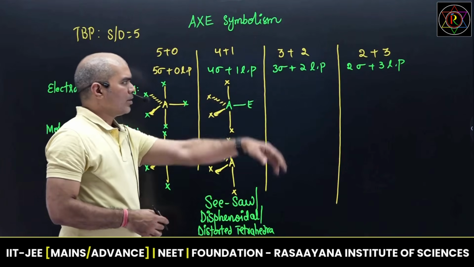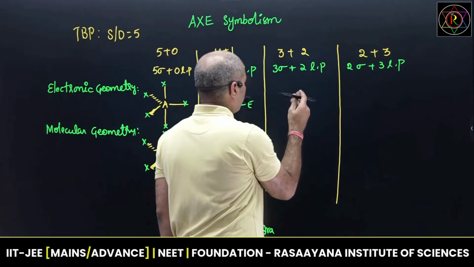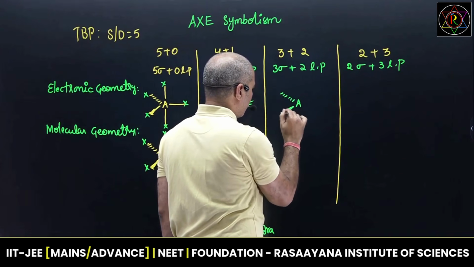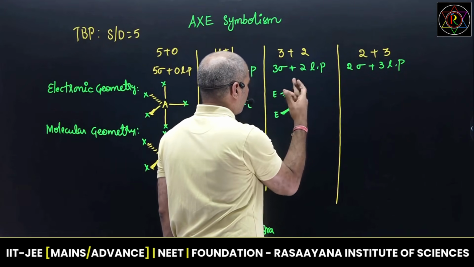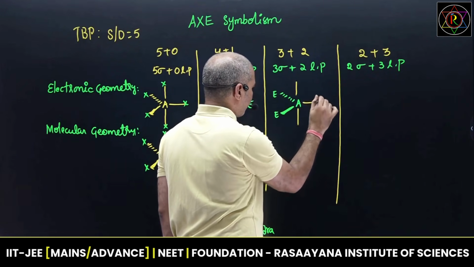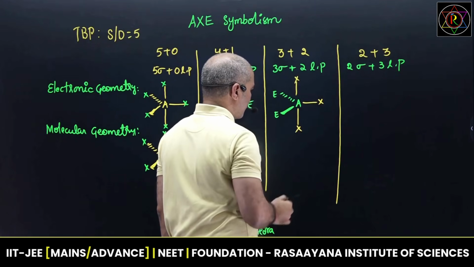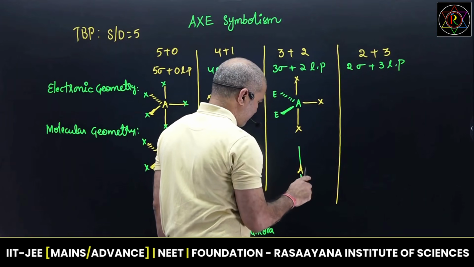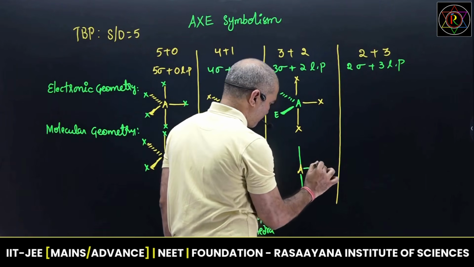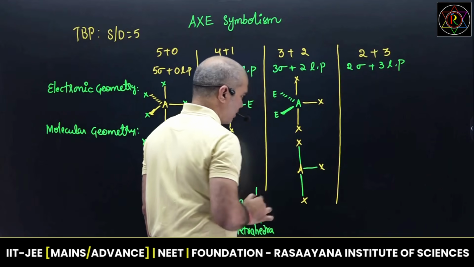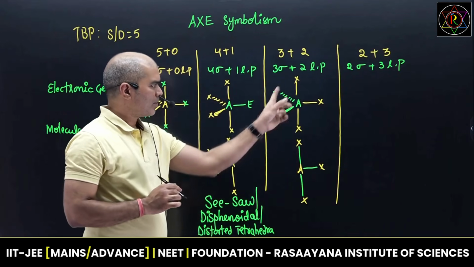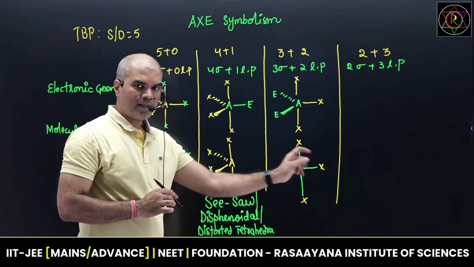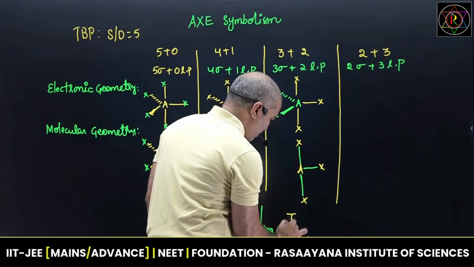Then we have 3 sigma and 2 lone pairs. So here I put A, 2 lone pairs. This is still looking like trigonal bipyramidal electronic geometry with 2 lone pairs, but if I don't put those 2 lone pairs here, this is looking like a T shape. So the geometry here we refer to as T shape.